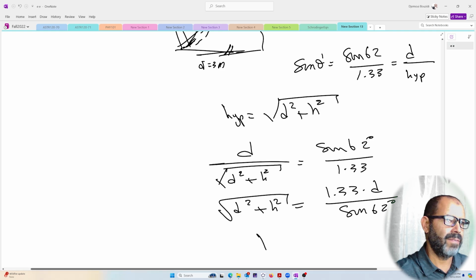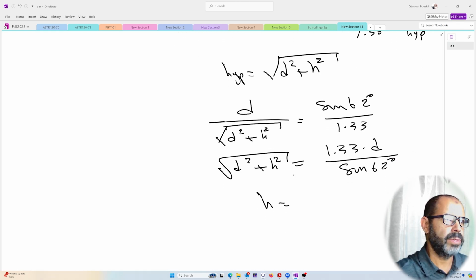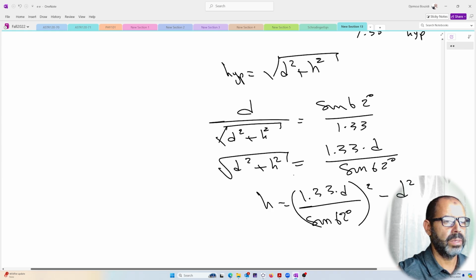So from here, h is equal to the square root of, 1.33 times d divided by sine of 62 degrees, squared, minus d squared. Obviously under the square root, of course.